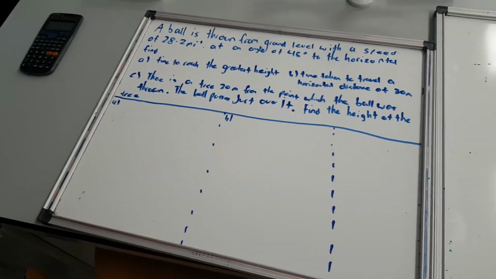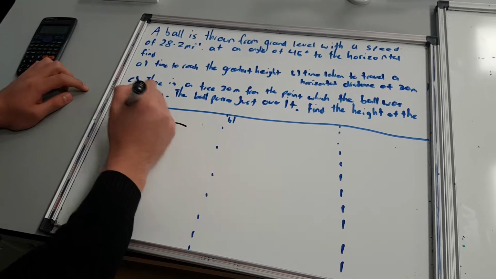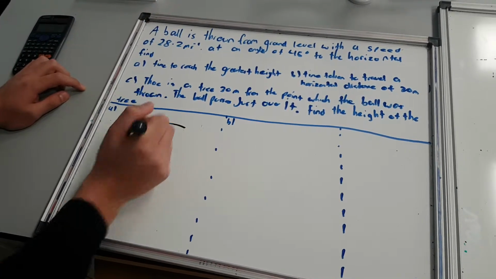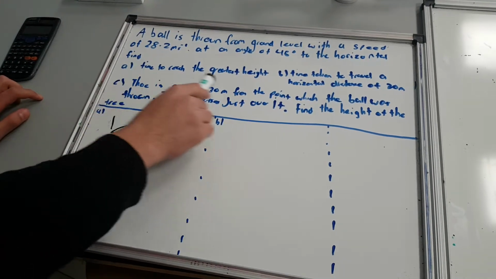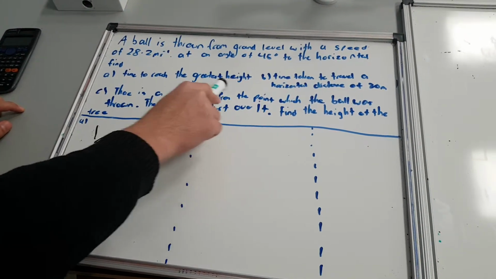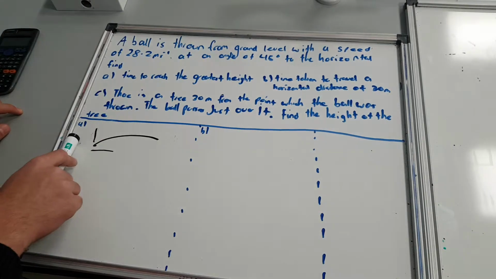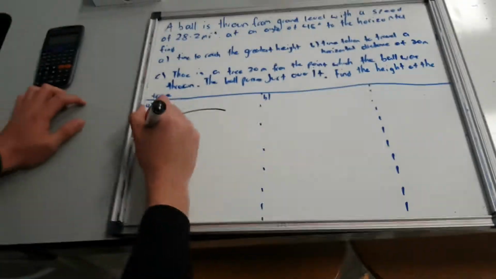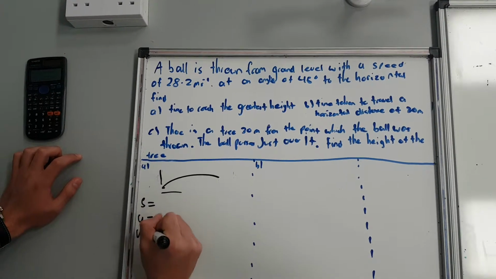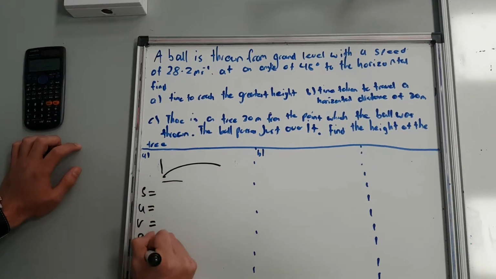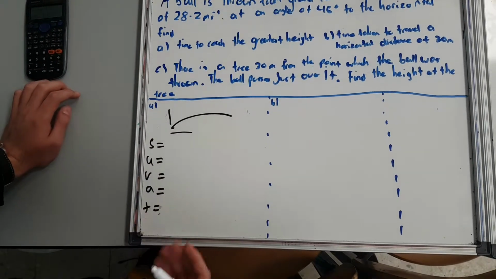Okay, so with projectile motion questions, you have to realize that there is a vertical and a horizontal aspect to it, and they are independent of each other. So for question A, it says time to reach the greatest height, so you just want to take into account the vertical aspect. So basically you want to use the SUVAT equations, and what you want to do is write it all out first and see what you know and what you don't know.